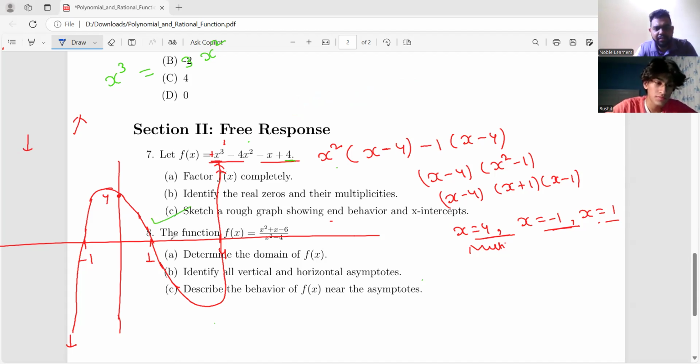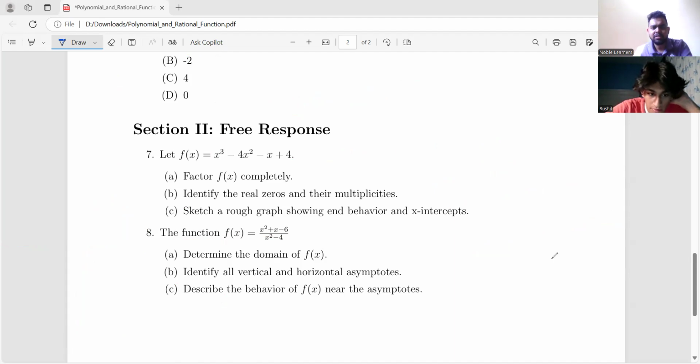Now what they're asking, question number 8: determine the domain. Oh, that's easy. The domain. So x plus 4, x plus 2, x minus 2... we also need to take care if there is any hole or not, right?